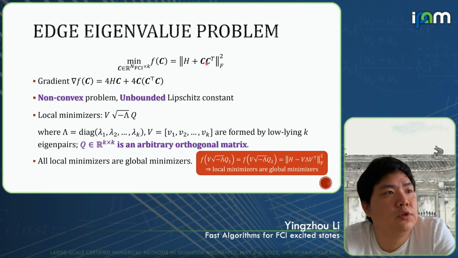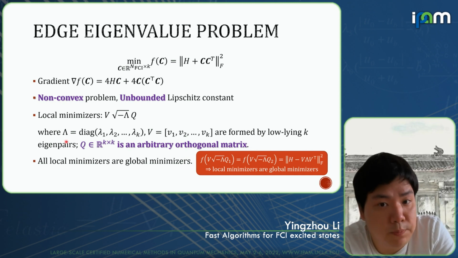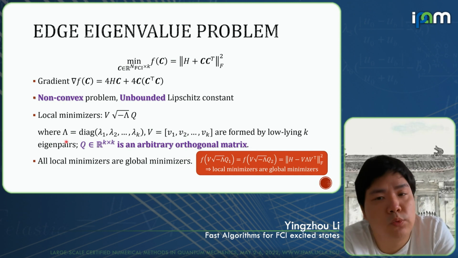For different Q, say Q1 and Q2, when we substitute those expressions into the objective function, we find they admit the same value. This also implies that all local minimizers are actually global minimizers, which makes the problem easy, but this Q actually creates a lot of trouble for the method. We will discuss that towards the end of this part.